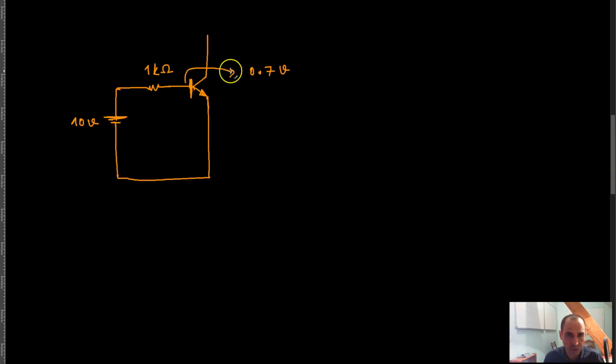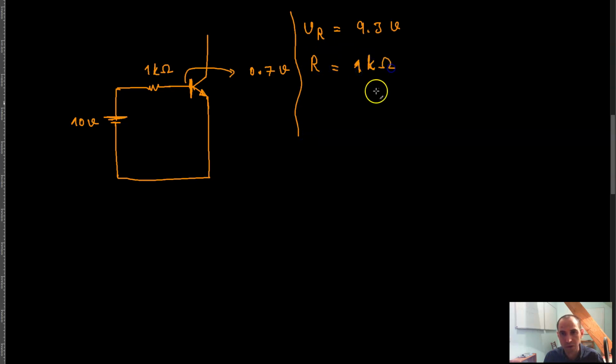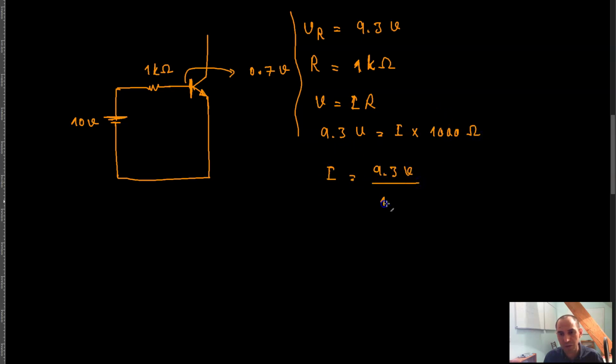So V of R is 9.3 volts, and the resistor itself is 1 kilo ohm, and therefore I know that V is equal to IR, so 9.3 volts is equal to I times 1000 ohm, and so I is equal to 9.3 volts divided by 1000 ohm.